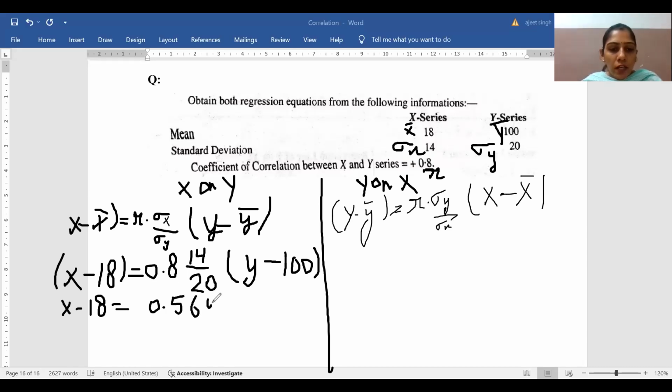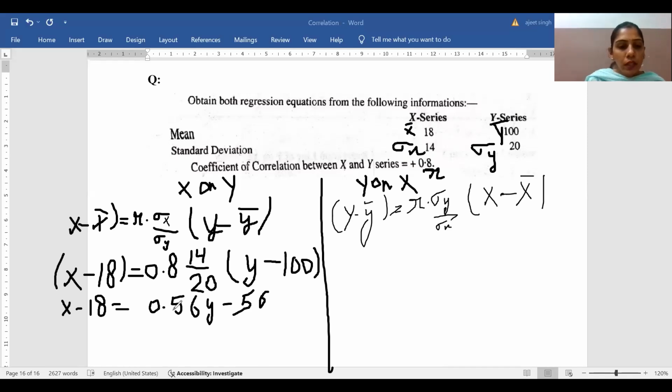So this is 0.56 times y minus 100, which gives 56.